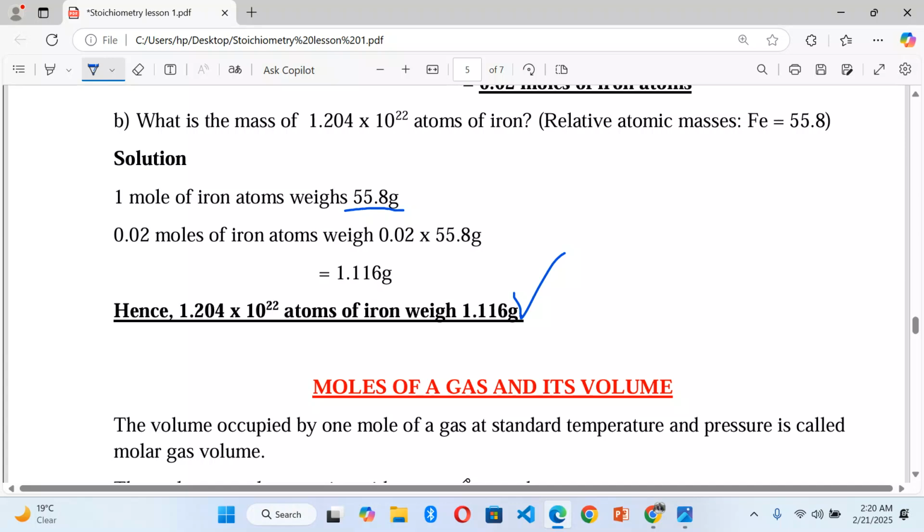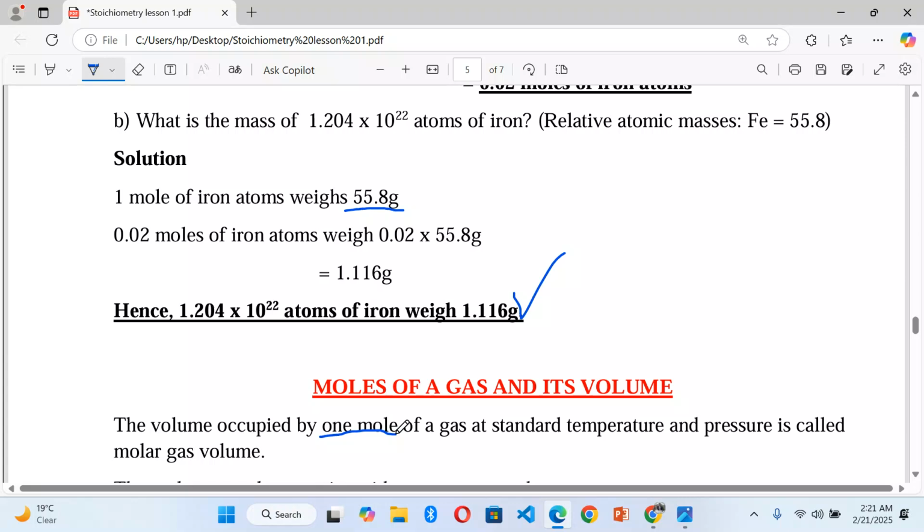Now we are saying that the volume occupied by 1 mole of a gas at standard temperature and pressure. Here I'm saying of a gas, it is any gas, whether carbon dioxide, oxygen, or nitrogen.